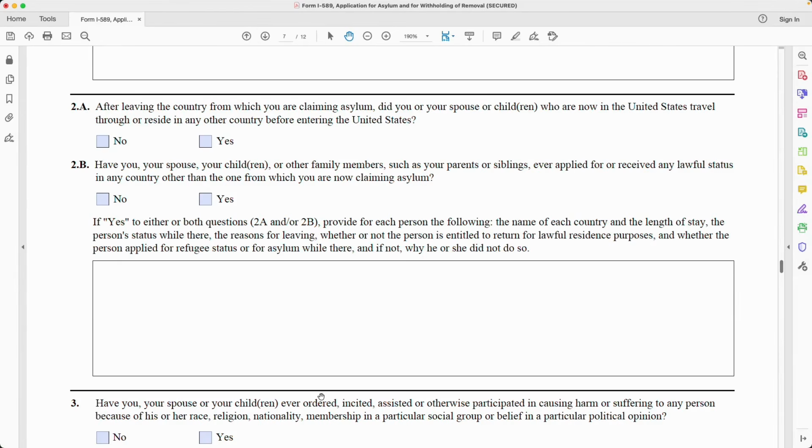If you answer yes to either question, explain in the box below the name of the country, how long you stayed in the other country, whether you have any status in the other country, and if you applied for asylum in that country, and if not, why you left that country, and whether you would be allowed to return to that country for lawful residence.